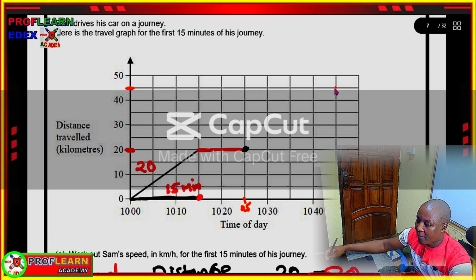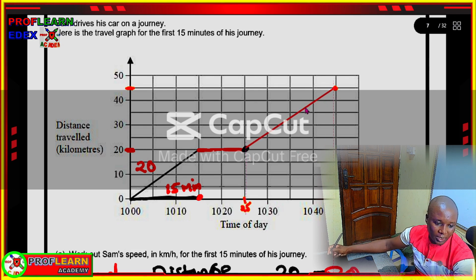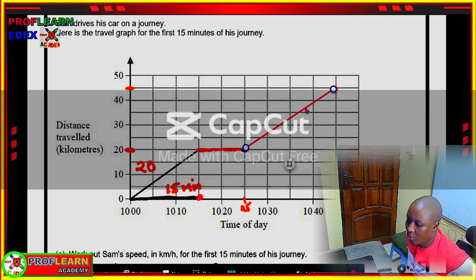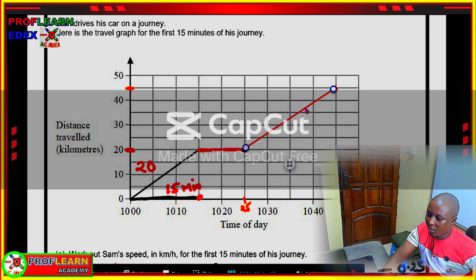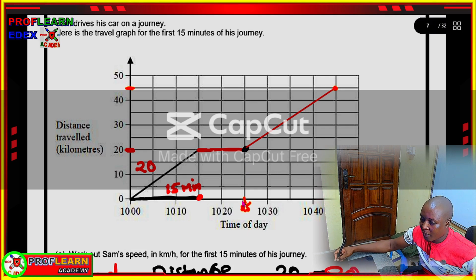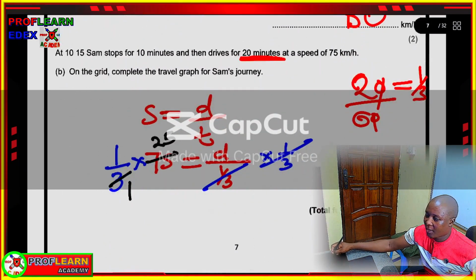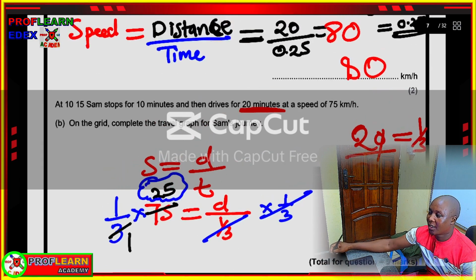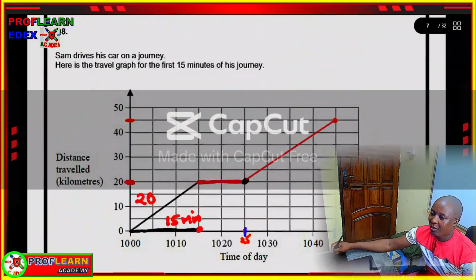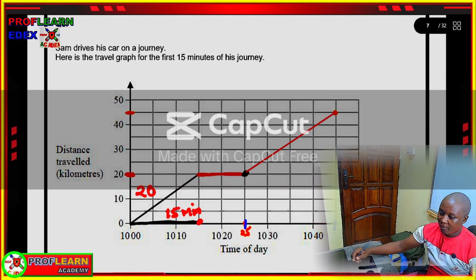So this is how the graph is going to look. From here to here must be 20 minutes, so it will be 25 plus 20 to be that. And we have gotten the distance to be 25 kilometers, so that is exactly what we're going to do, and that is how the graph is going to look.